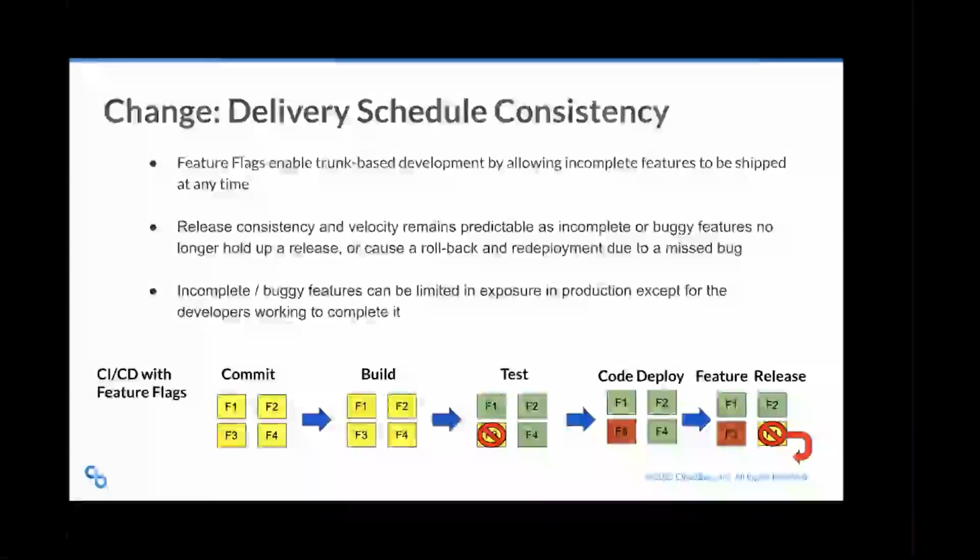You're able to meet your release deadlines still, even if one feature isn't actually included in that release. You're still able to stay on track with your larger business and product direction. This also means that entire releases are not rolled back due to an error in production, and that makes teams much happier.